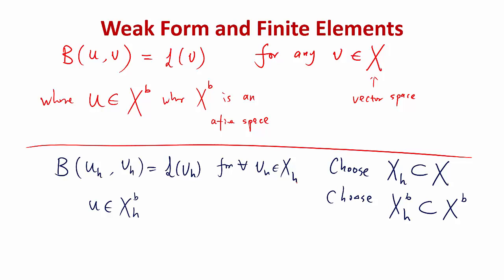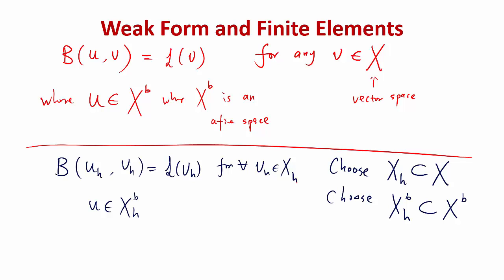So the weak form to finite element is a very, very simple step, just choosing the subspaces. Different subspaces give you different finite element discretizations. Remember in our first class we discussed finite elements.